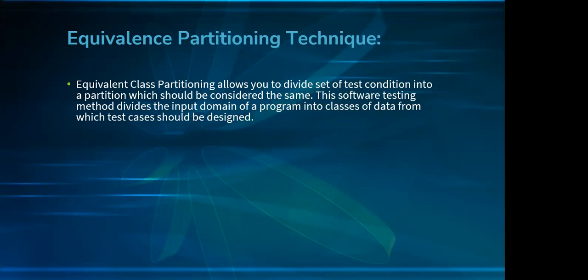So I'm partitioning it into different places, which should be considered the same partition. It is a software testing method that divides the input domain of a program into classes of data from which test cases should be designed. So let's take an example.